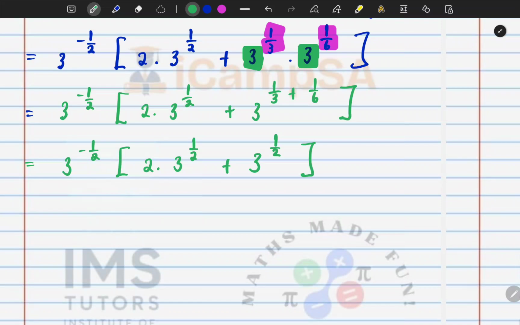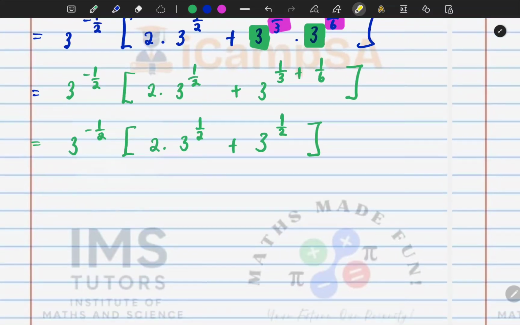Great. Now what we are going to do is distribute the brackets. We are going to break down the bracket. This is going to multiply everything from here to there: it multiplies this, and it's also going to multiply this.